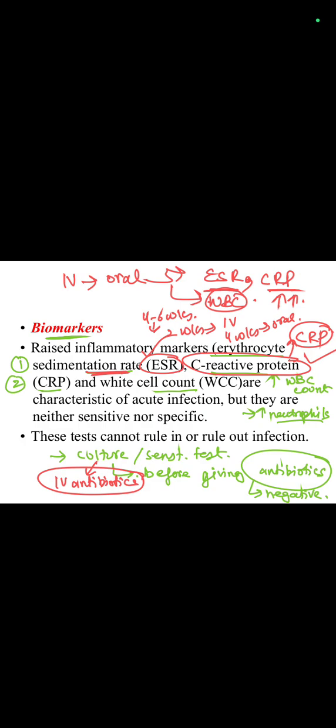Biomarkers: raised inflammatory markers like erythrocyte sedimentation rate (ESR), C-reactive protein (CRP), and white cell count. If these are increased, then we can say there may be infection, like septic arthritis, rheumatoid arthritis, or osteomyelitis, in cases of acute infection, but they are neither sensitive nor specific.